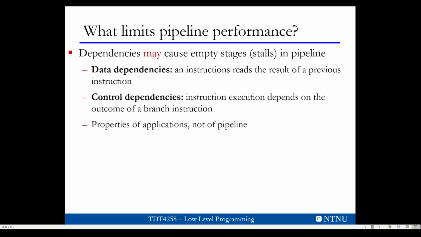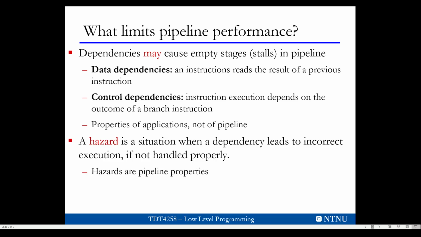Now, if you see, these data and control dependencies are features of applications. They are application properties. Whether or not you have a pipeline design, it's independent of that. Even in a single cycle design, dependencies exist. However, whether these dependencies may lead to incorrect execution or not depends upon your processor design.